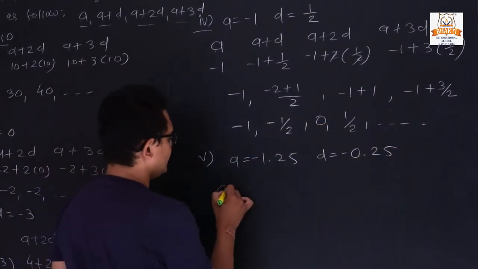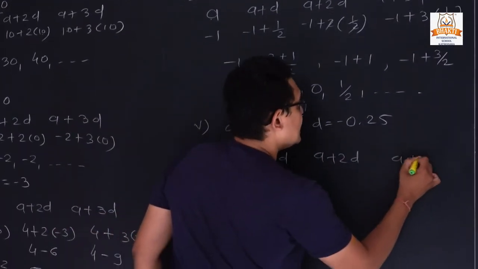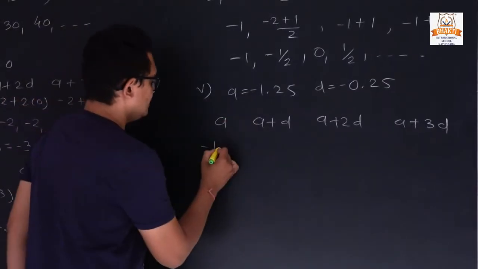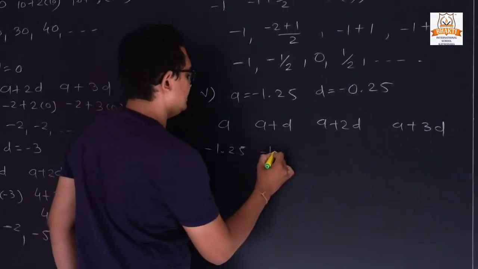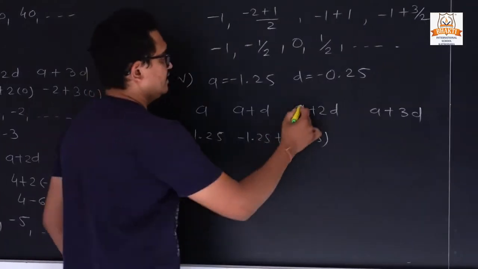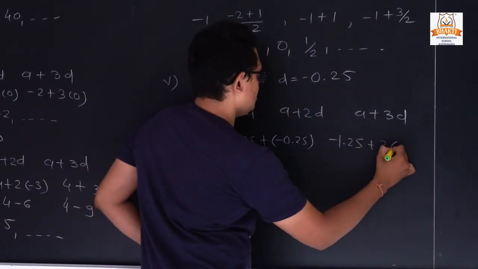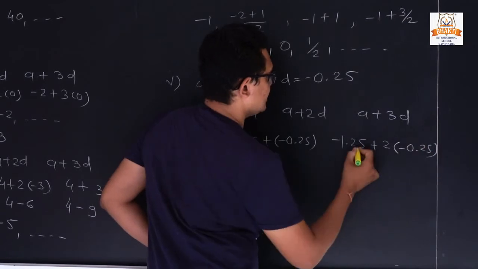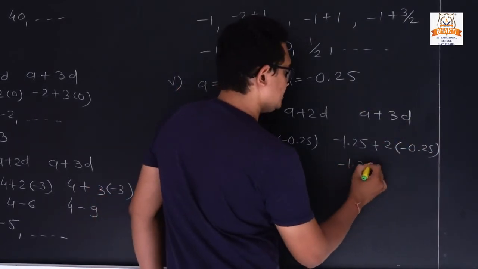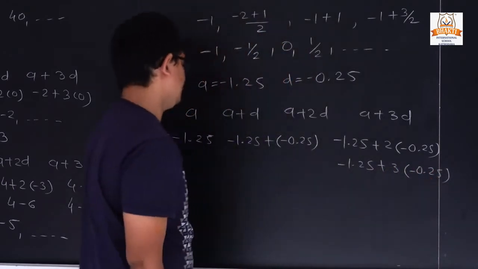Last sum, A, A plus D, A plus 2D and A plus 3D. What is A? Minus 1.25 plus minus 0.25, then minus 1.25 plus 2 in bracket minus 0.25, and last minus 1.25 plus 3 in bracket minus 0.25.